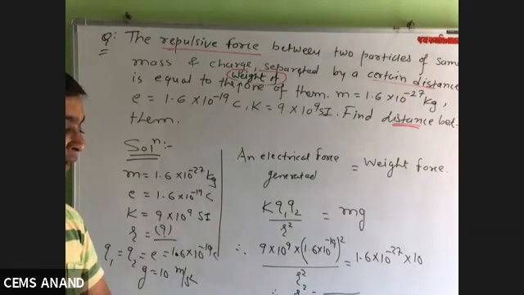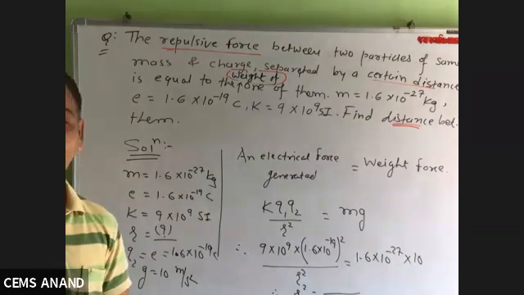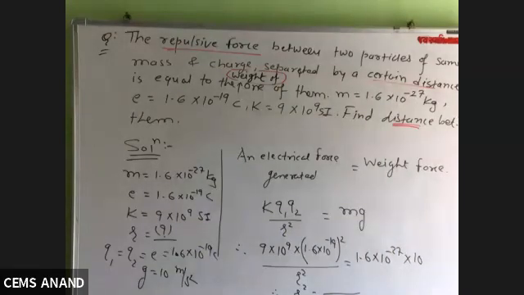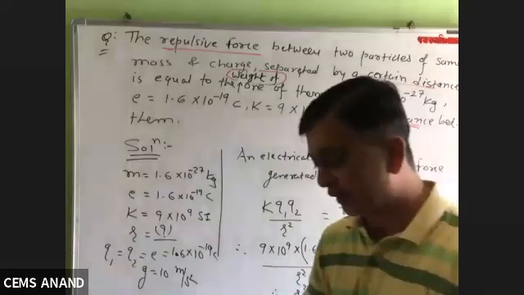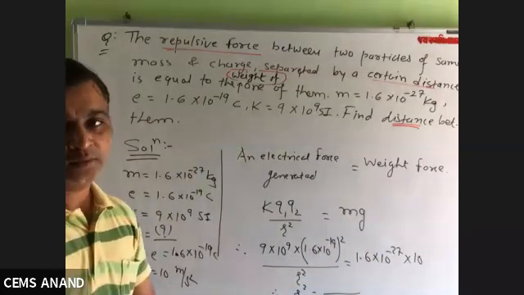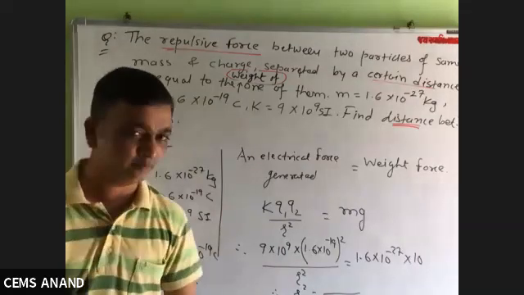So if possible, try to solve the calculations on your own. I'll wait for 2 minutes only, as you are a mature student of 12th standard now. So just 2 to 3 minutes maximum.